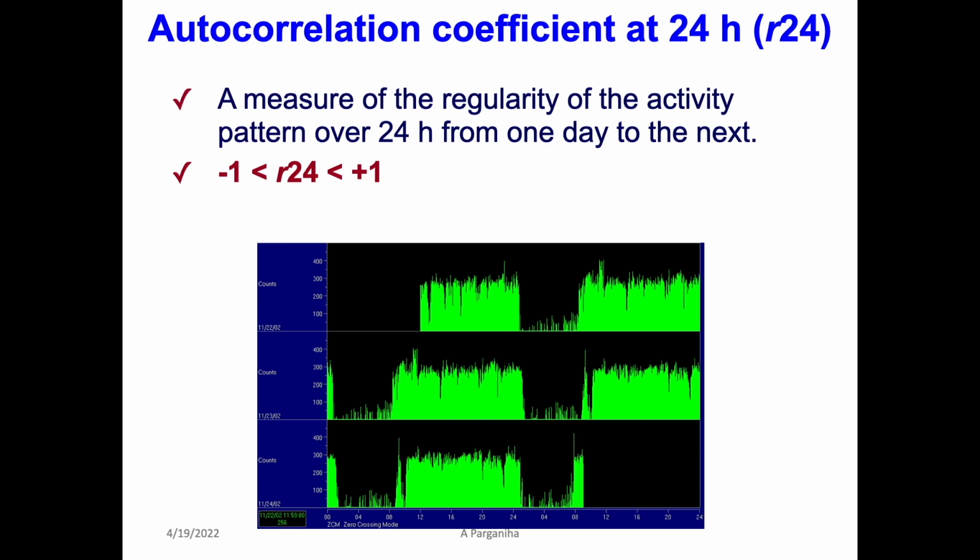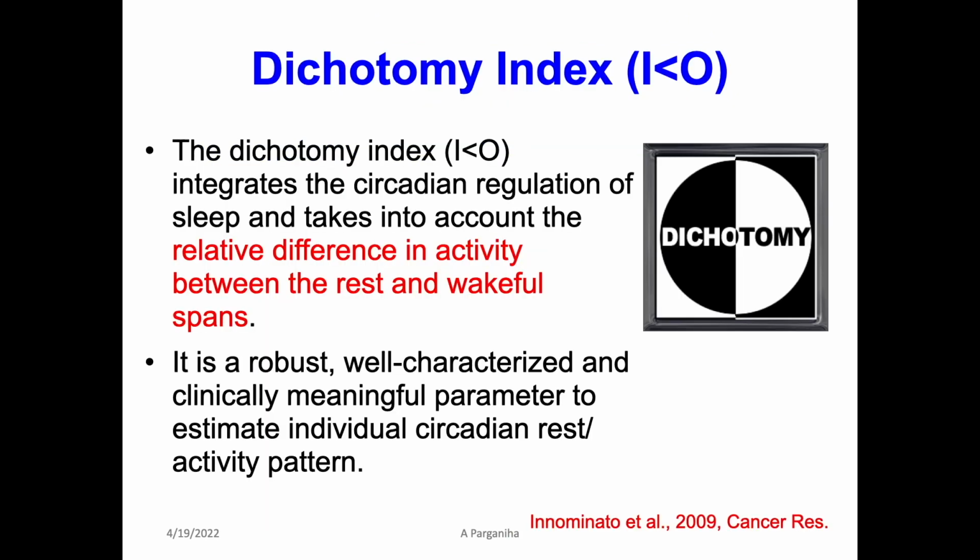The values of the autocorrelation coefficient vary between -1 and +1, and if the value is near +1, that clearly indicates there is a very good rhythm in the rest activity. The important variable is the dichotomy index, that is the distribution of the activity during the rest and wakefulness span.